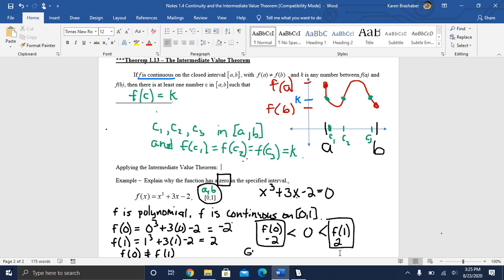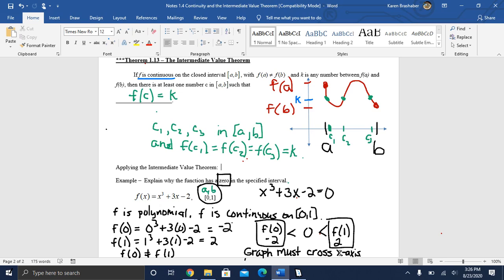The graph must cross the x-axis because you went from a negative to a positive. And that's your conclusion on this.